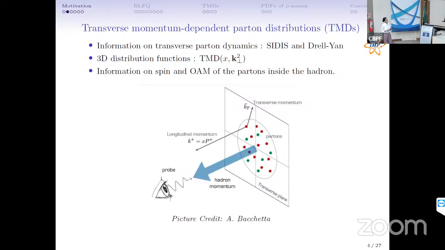They provide three-dimensional structure functions as a function of the longitudinal momentum fraction and the quark transverse momentum. Also, they are interesting to study because they provide information on the spin and orbital angular momentum of the partons inside the hadron.